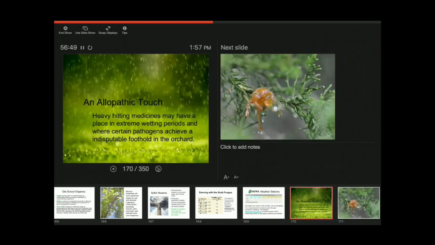As we go into the next disease, I want to just say that I'm not opposed to an allopathic touch, that blue piano, sulfur for a real major wetting event, when it's needed to get things back closer to balance. And again, as a home orchardist, you're probably not going to go there. We're probably going to stick to the holistic program.